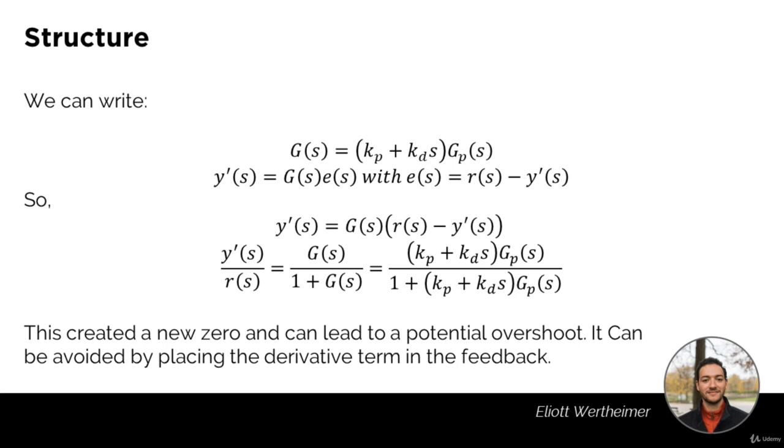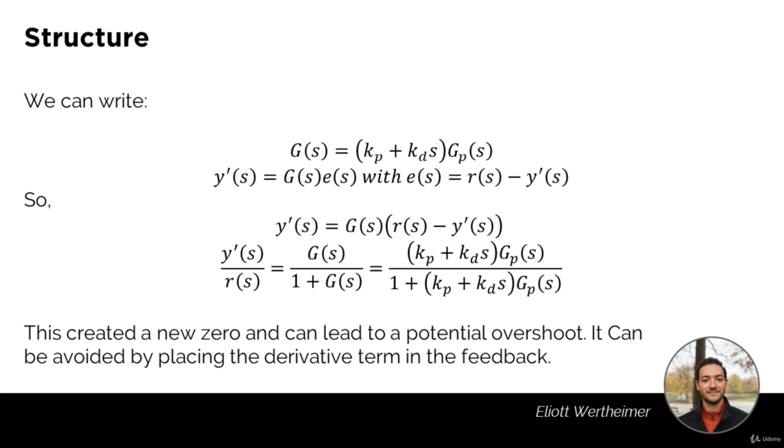So the output Y(s) is equal to the open loop transfer function multiplied by the error E(s). We also know that the error E(s) is equal to the reference input R(s) minus the output Y(s). So eventually, we can write that the output Y(s) is equal to G(s) multiplied by R(s) minus Y(s).